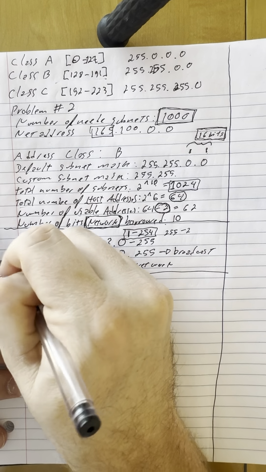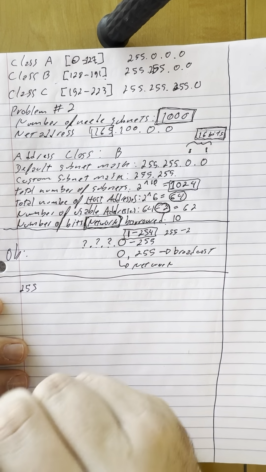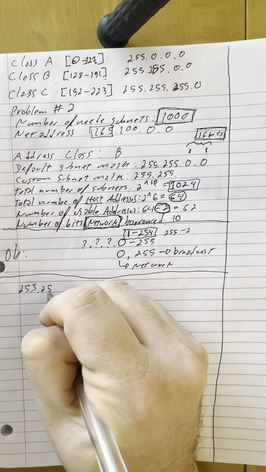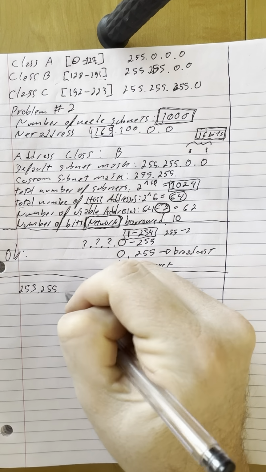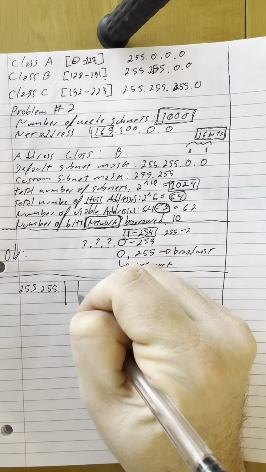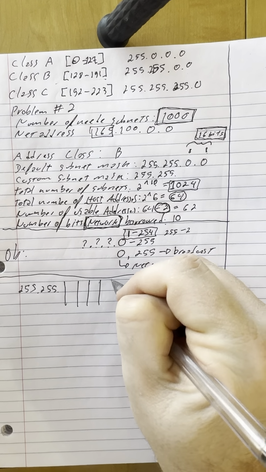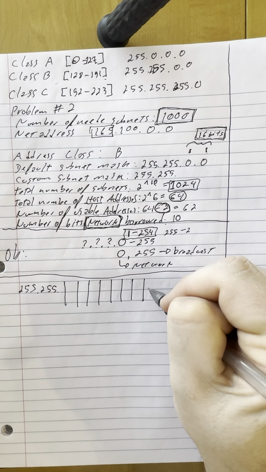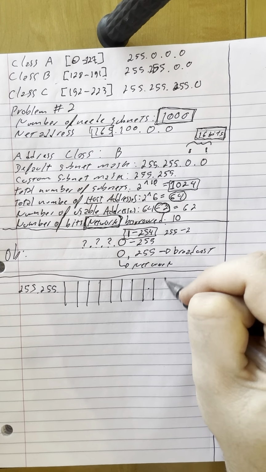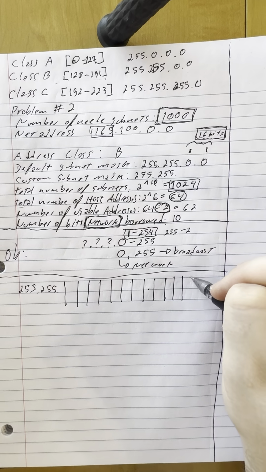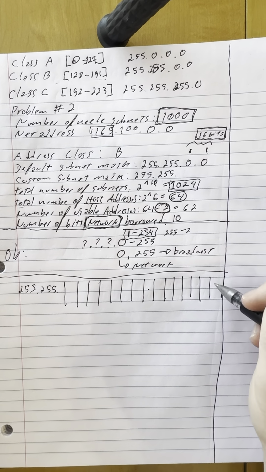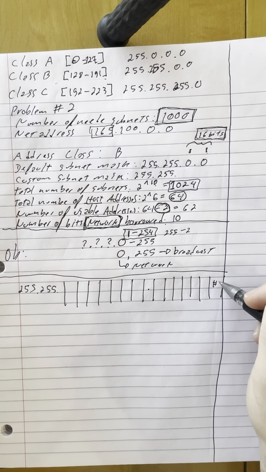This is an observation. 255, 255, and I like to do this: 1, 2, 3, 4, 5, 6, 7, 8, dot, 1, 2, 3, 4, 5, 6, 7, 8. This is for the last portion.